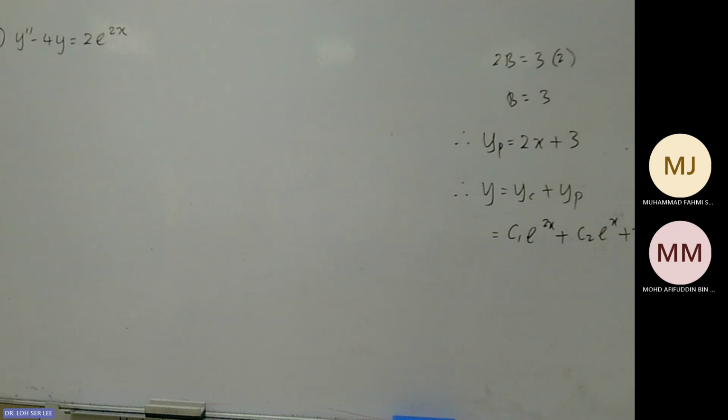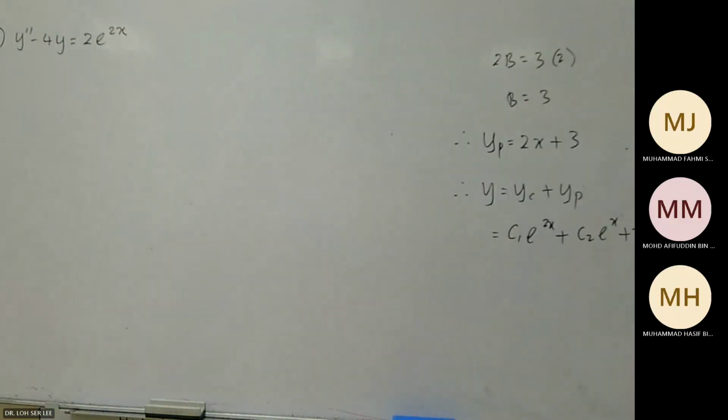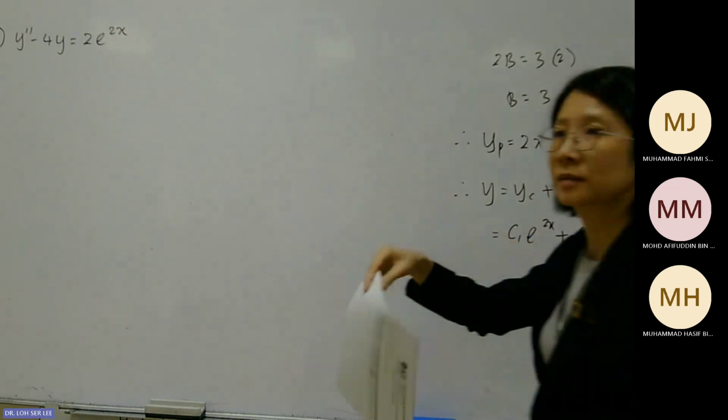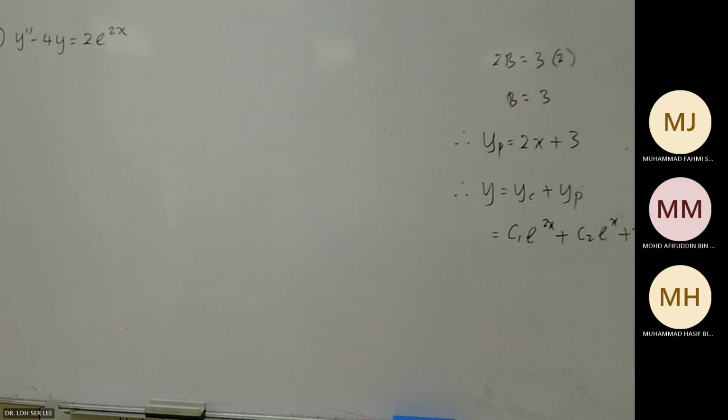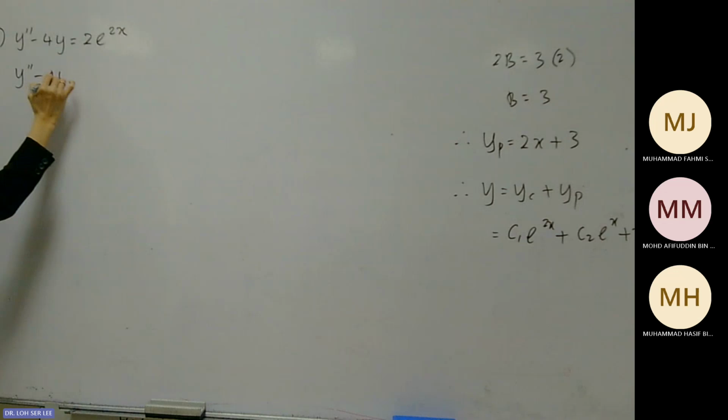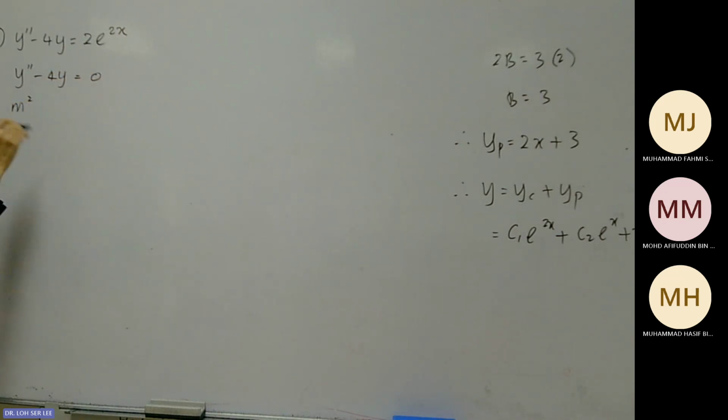Okay, now get a yc first. So we let the right-hand side be 0 and come up with your characteristic equation.